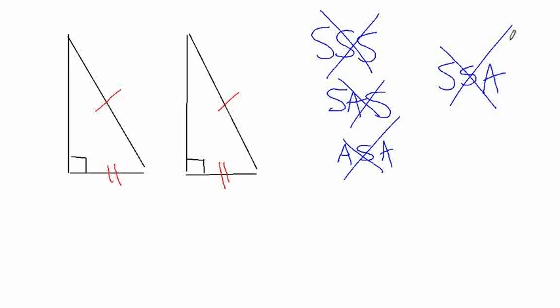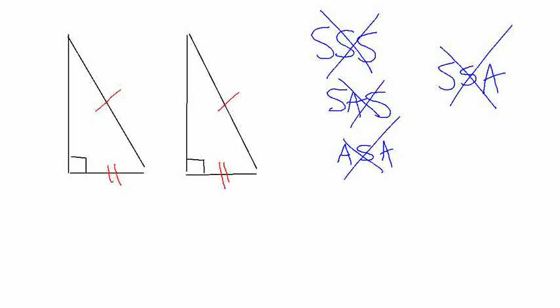So obtuse angles is what got us into trouble there. However, notice that in a right triangle you can't have obtuse angles, can you? Because the measures of all the angles have to add up to 180. So you already have a right angle, so you can't have another angle greater than 90 degrees. So that is a little hint of why, in this case, a form of SSA works.